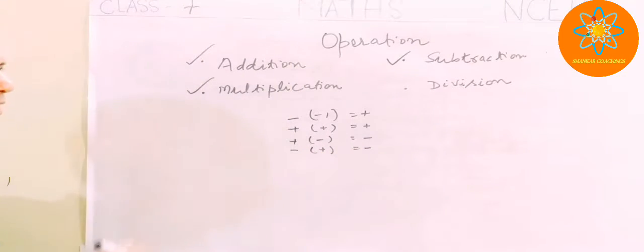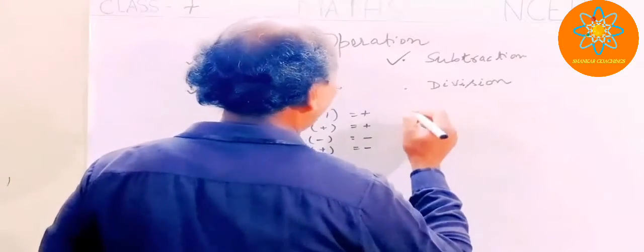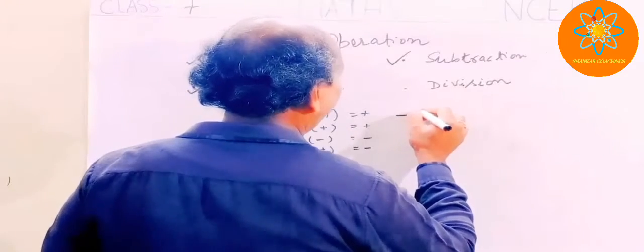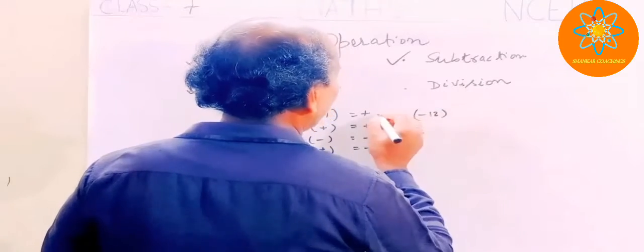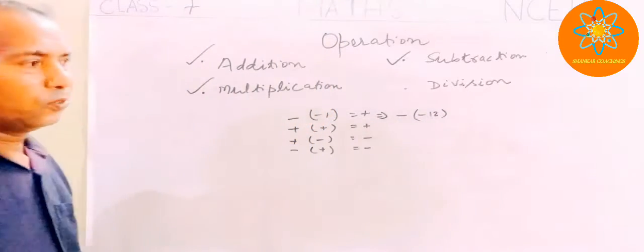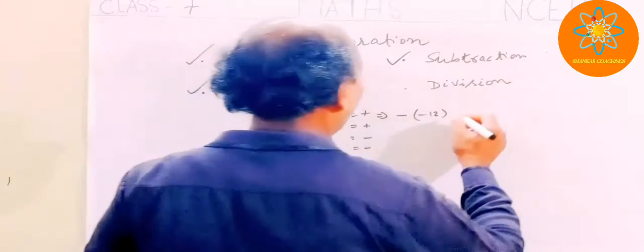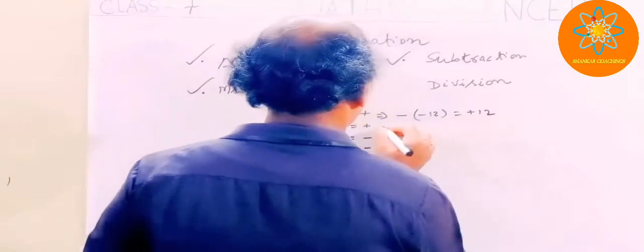I am taking one example. Let's suppose I have minus and this is minus 12. So minus and minus will be plus, so this is plus 12.